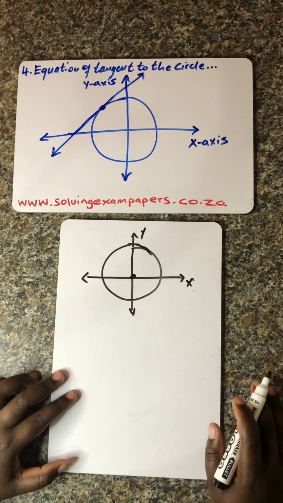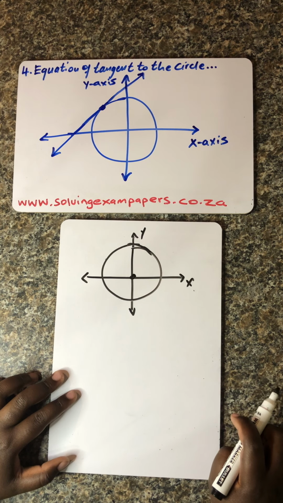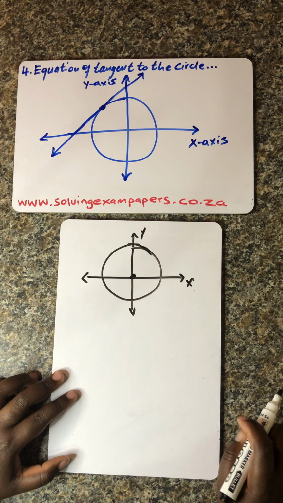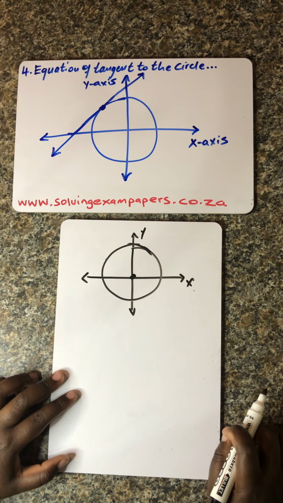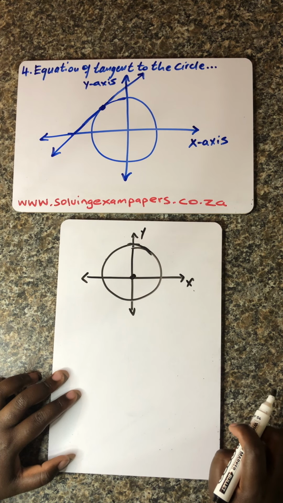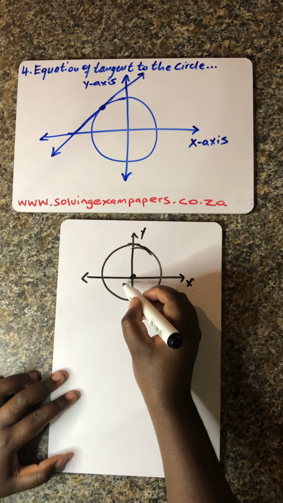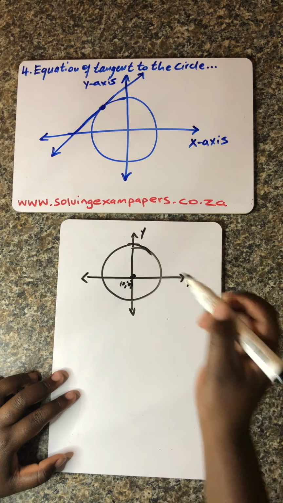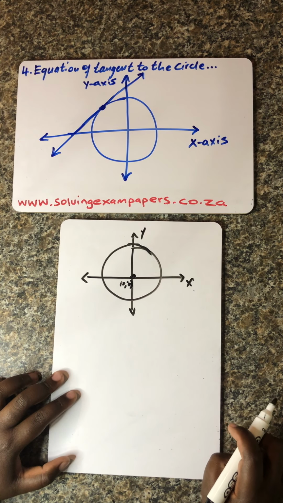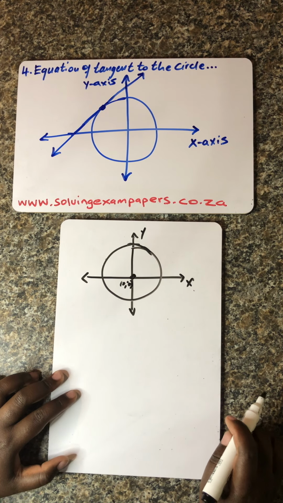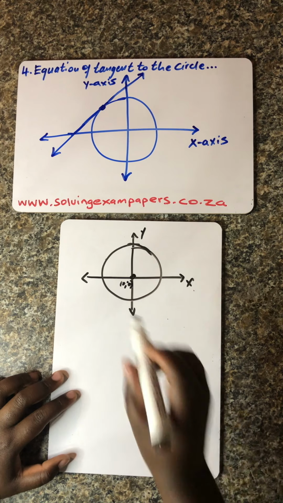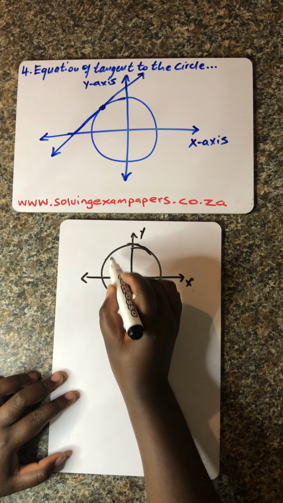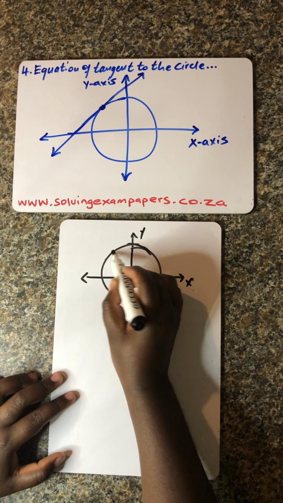Okay, so let's say the question says determine the equation of the tangent with center 0, 0. Obviously this is the origin, 0, 0, at the point -3 and 4, which could be a point somewhere there.